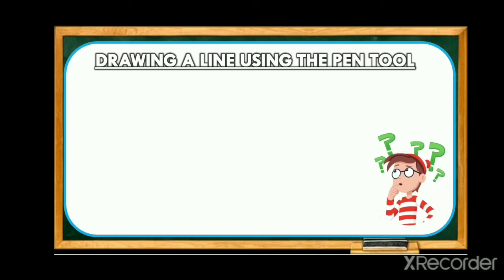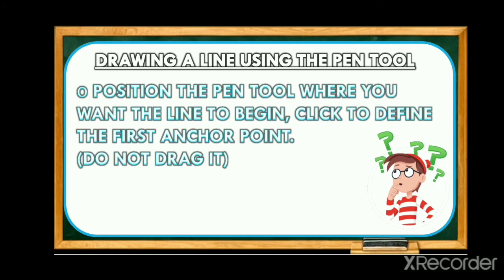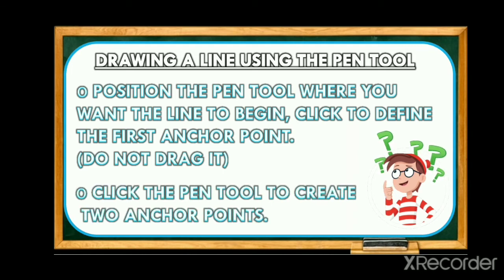How can it be used in drawing a line using the pen tool? First, position the pen tool where you want the line to begin. Click to define the first anchor point, and please do not drag it. Second, click the pen tool to create two anchor points.